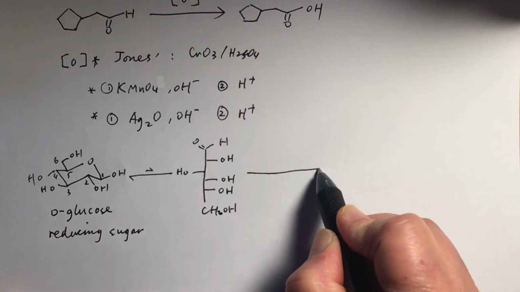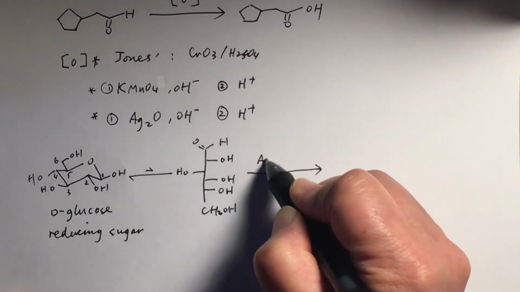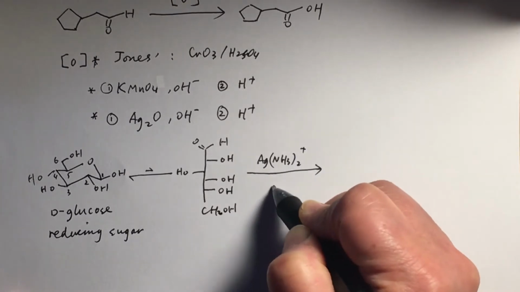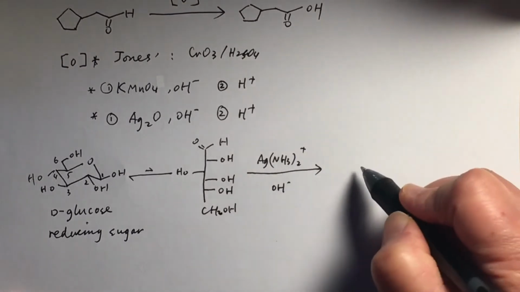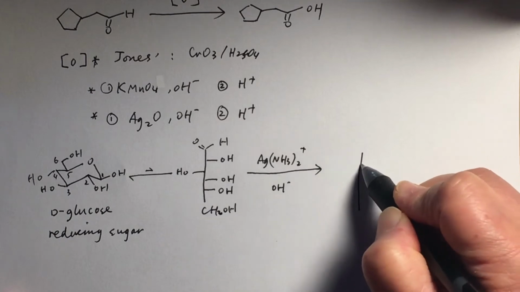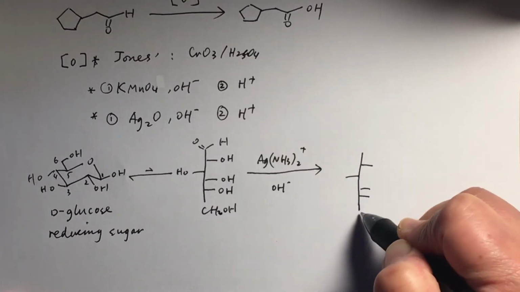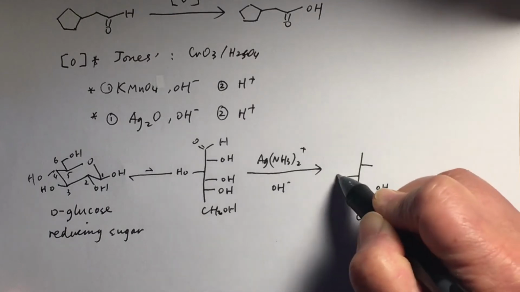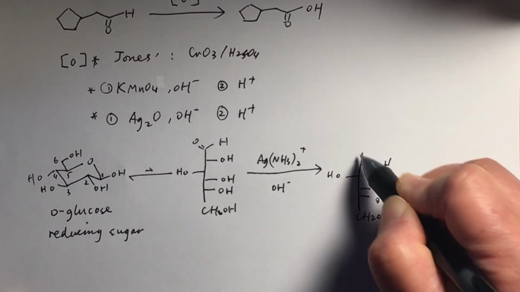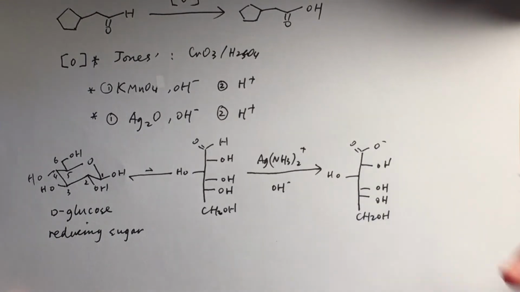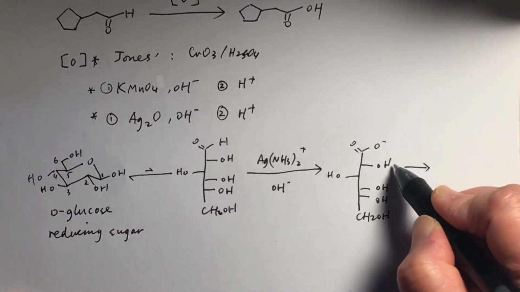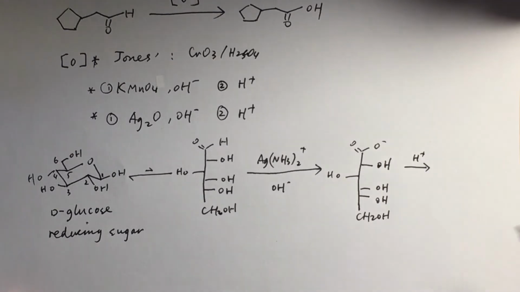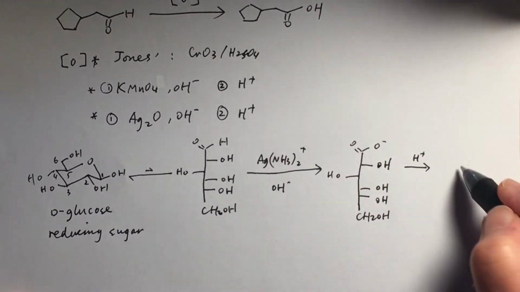This aldehyde could be oxidized by silver ammonium complex under basic condition, generating the corresponding carboxylate. This carboxylate could further be protonated, generating gluconic acid.